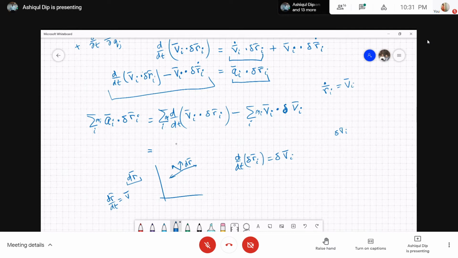If you take d/dt of that, then you get the variation of a_i. But the variation of v_i is not proportional to a_i. They are not proportional, which means they do not have the same direction either. If two vectors are proportional, then they have the same direction. Okay.